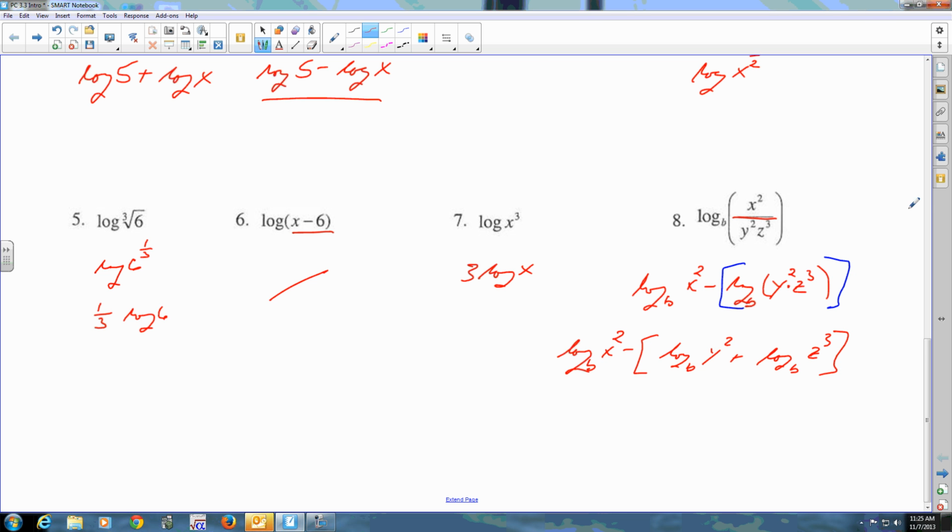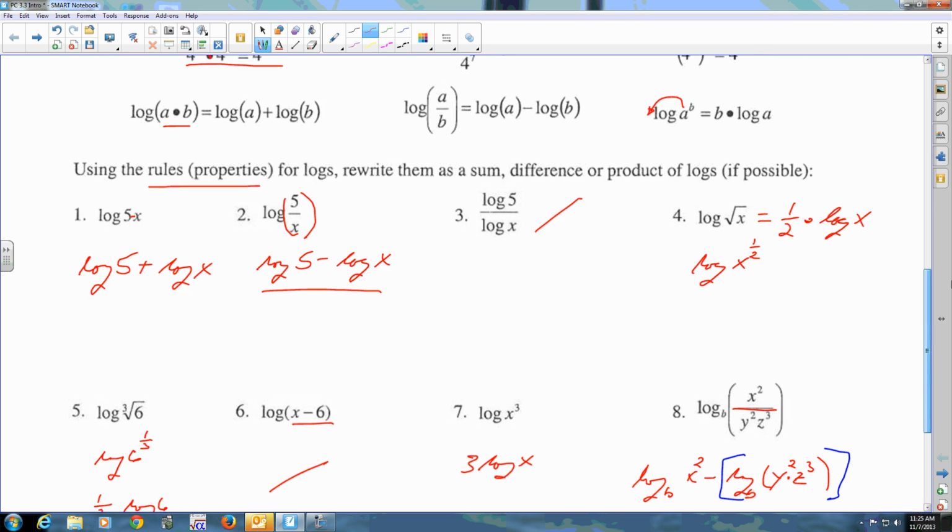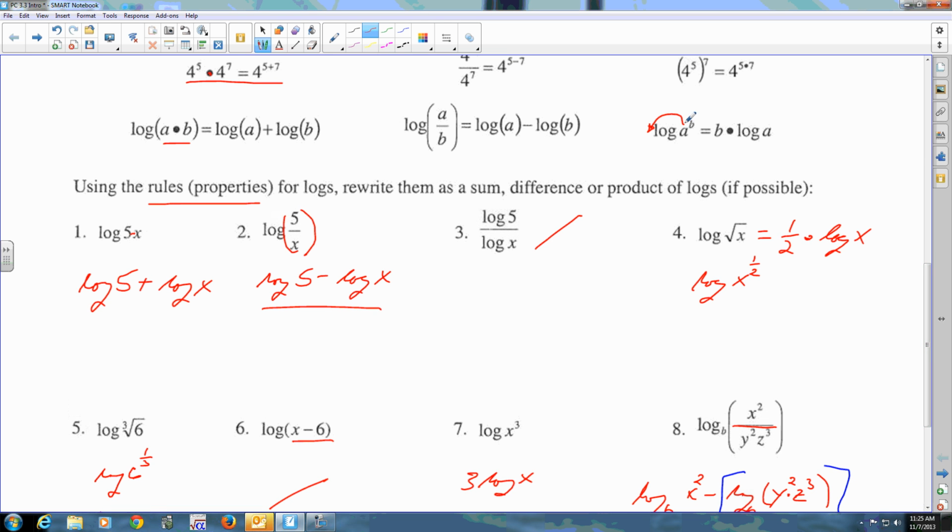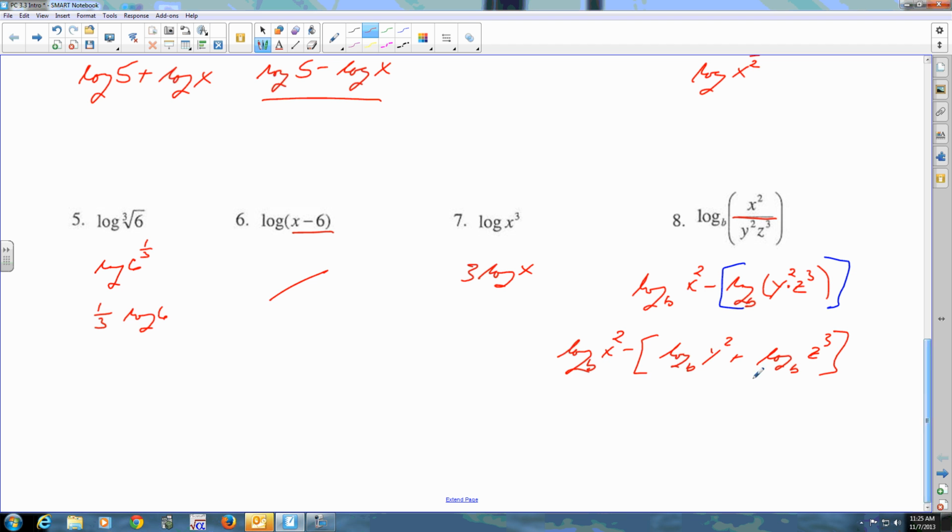Now if you remember back up, there was the rule that says if you have an exponent inside the argument of a logarithm, it drops in front as a product. So coming back down to this, all of these exponents can dump in front of it. So that's going to be 2 log base b of x minus 2 log base b of y plus 3 log base b of z.